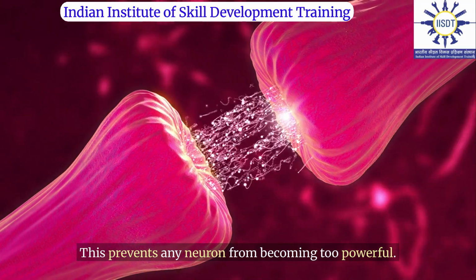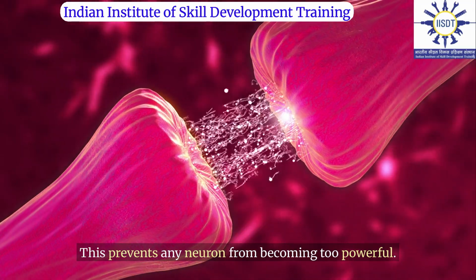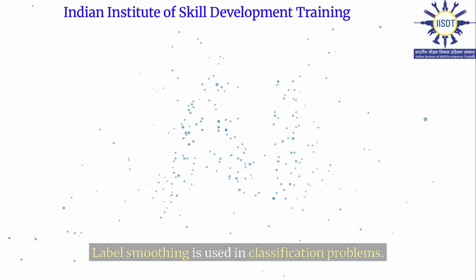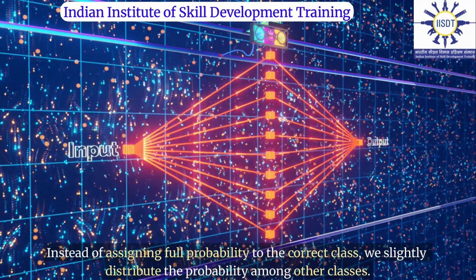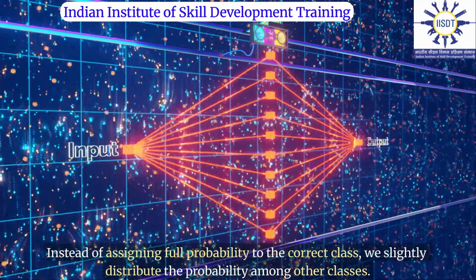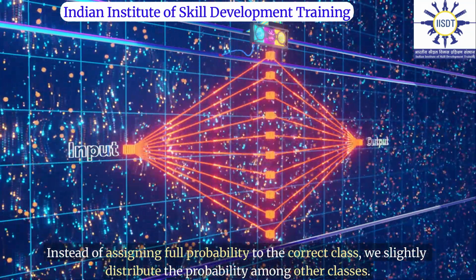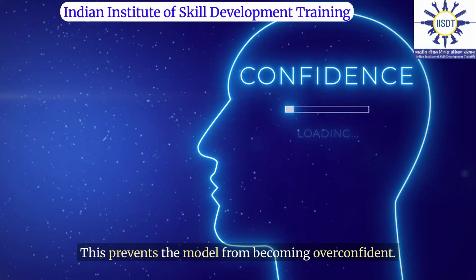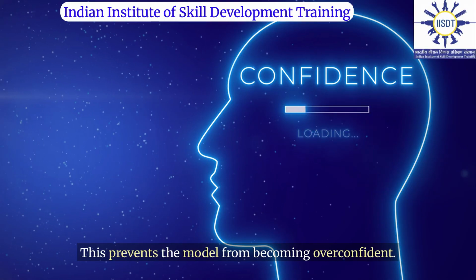This prevents any neuron from becoming too powerful. Label smoothing is used in classification problems. Instead of assigning full probability to the correct class, we slightly distribute the probability among other classes. This prevents the model from becoming overconfident.